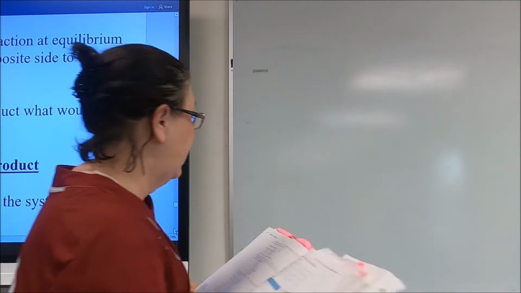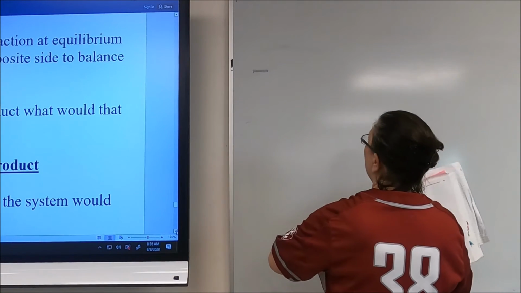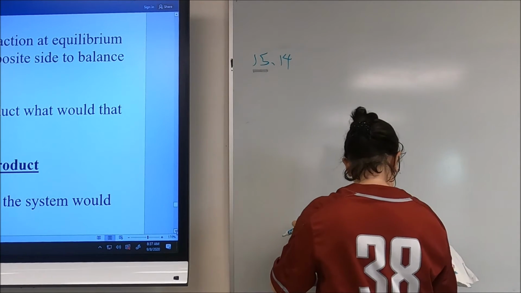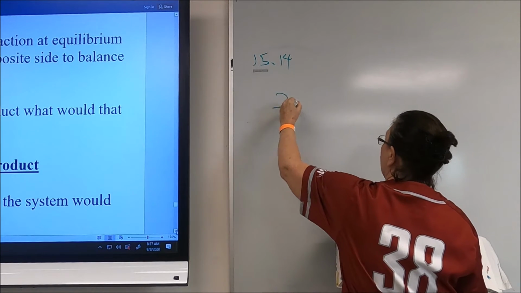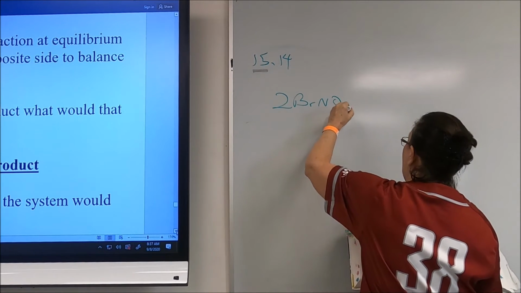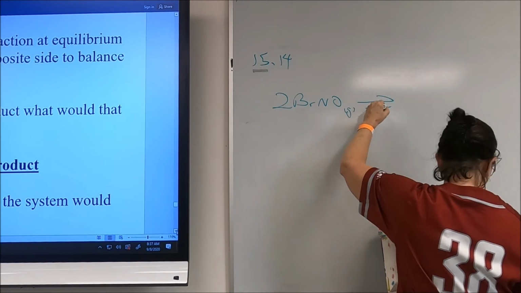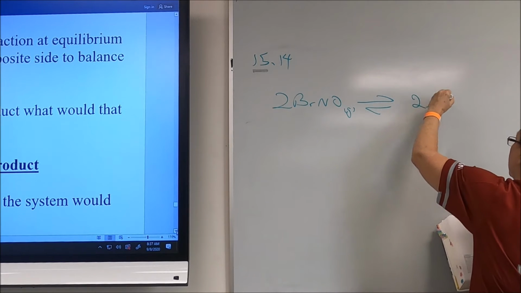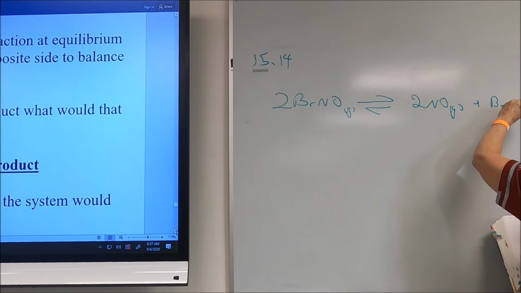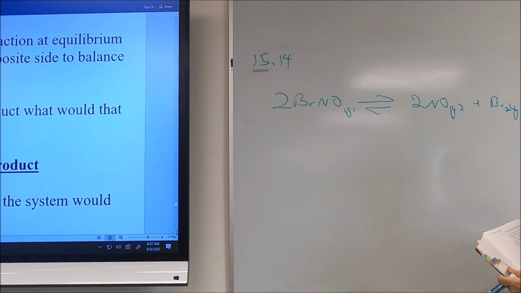Now, 15.14 has the following reaction. 2 BrNO, gas, decompose into 2 nitrogen monoxide gases plus a bromine molecule in the gas phase. Okay?